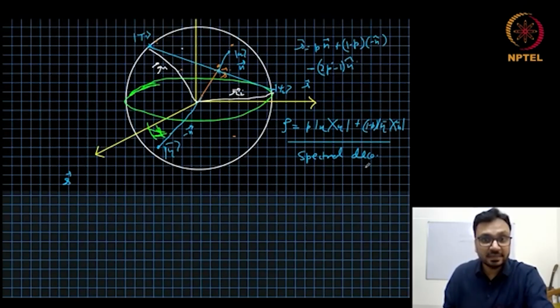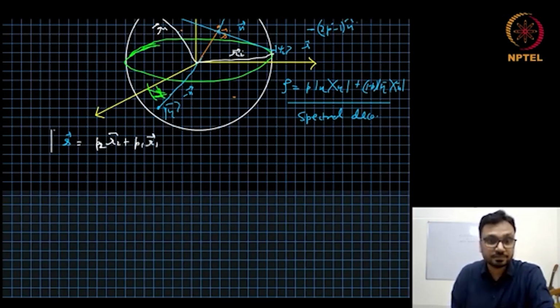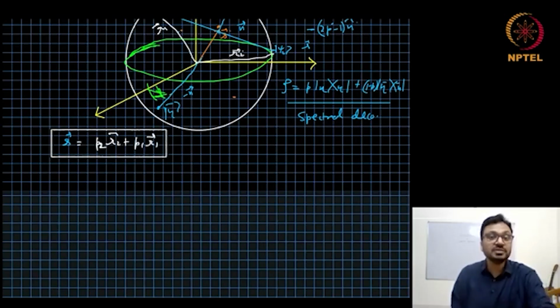Then S can be written as some probability P1 times R1 plus P2 times R2, because S falls on a line joining R1 and R2.